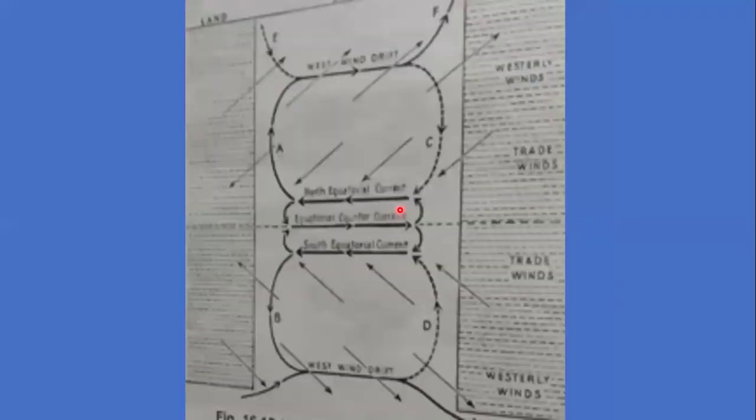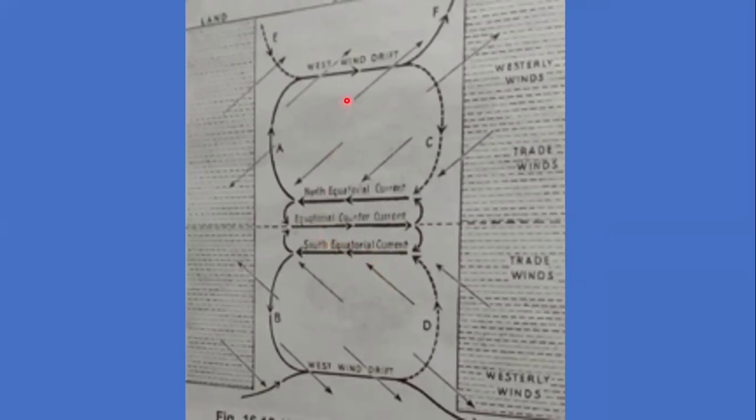For example, in the tropical areas, it is the trade winds that dominate. And the direction of trade winds is from east to west. Thus, the ocean currents flowing in the tropical region flow from east towards the west.